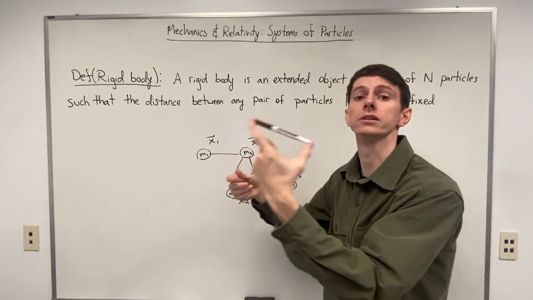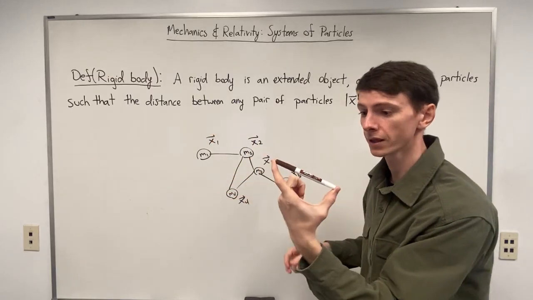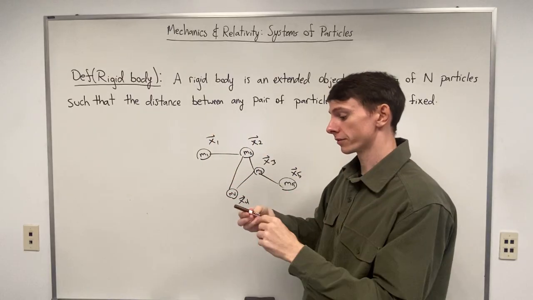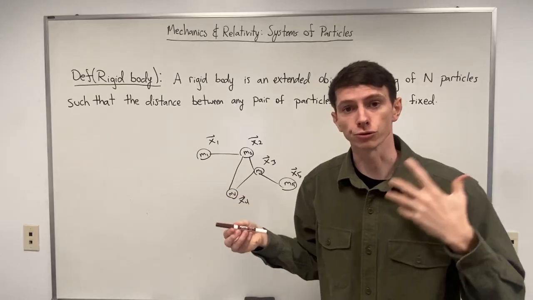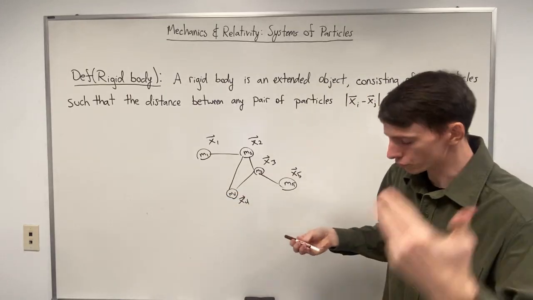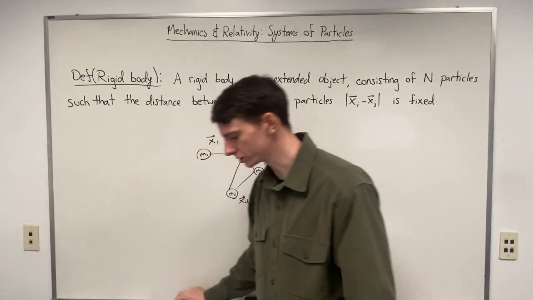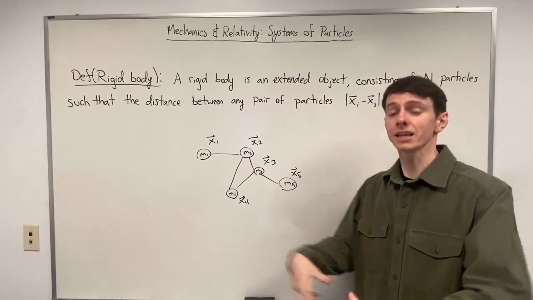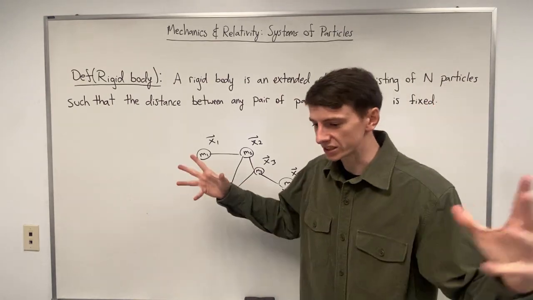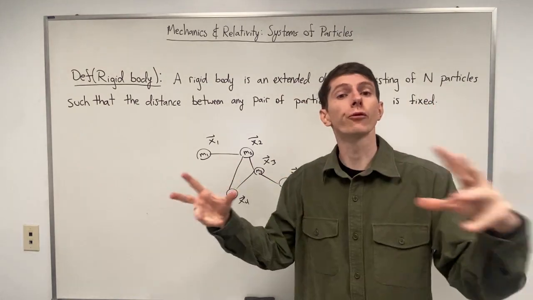This distance does not change. So you could think of this object as a rigid body. Really, when we're talking about rigid bodies, we're talking about any object whose size isn't transforming during some event.